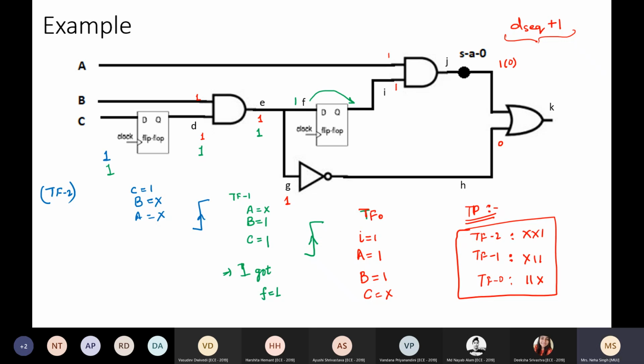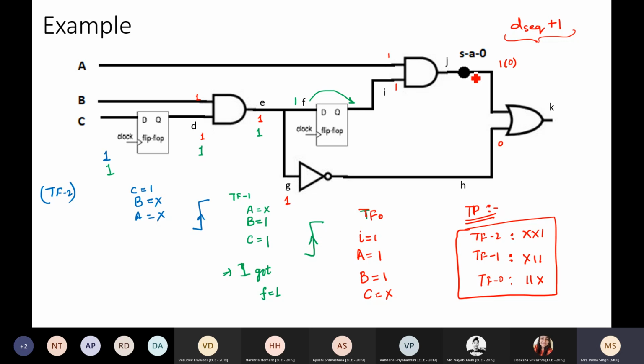What was observability? Observability was the difficulty with which my fault is seen towards the primary output. Here the fault was only one gate behind, so I should have expected that in TF0 itself it should give the fault effect, because this is very close to the primary output. But practically we saw that it required 3 time frames to show its effect.